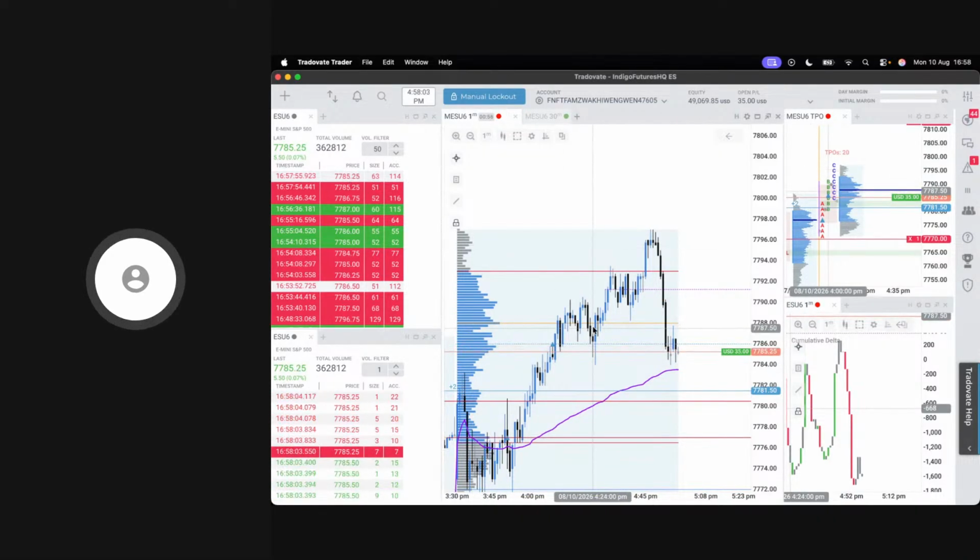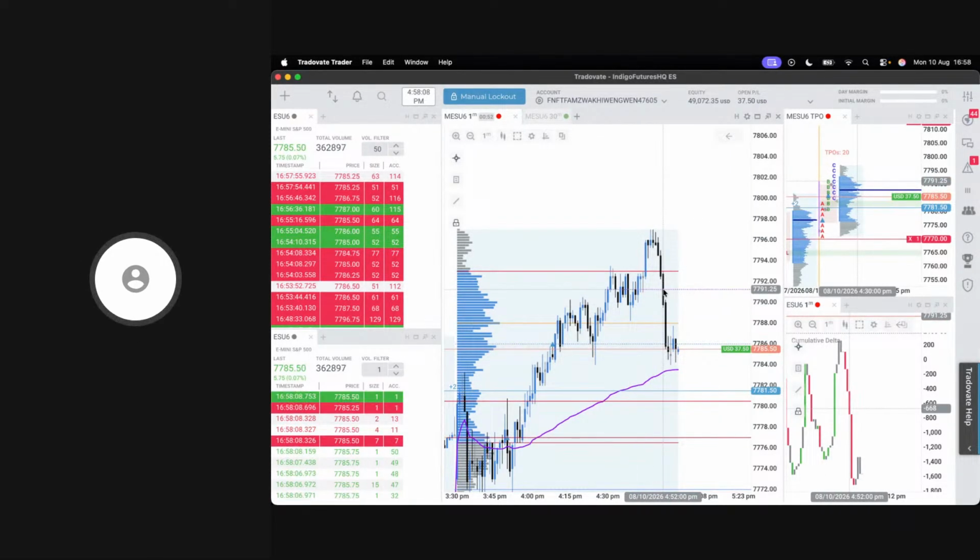They didn't move this low. But yeah, that's the mean reversion, also known as the Tyson trade. Got that from someone else. Initial balance to VWAP.